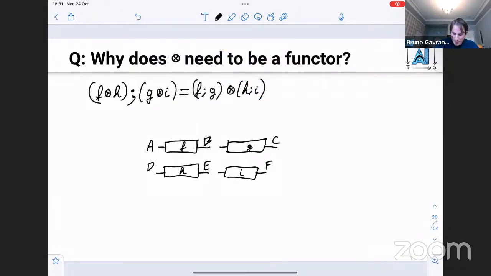We can compose the morphisms, like we're doing on this right side, and then pair them and consider them one big morphism.